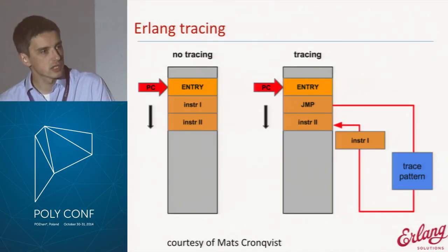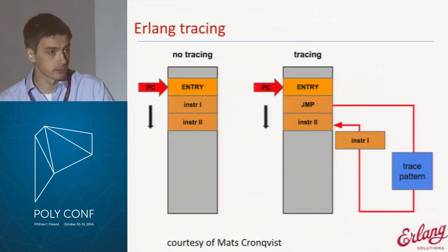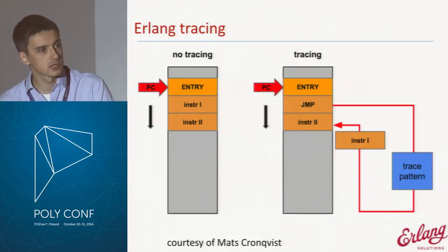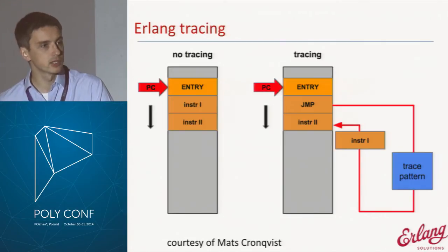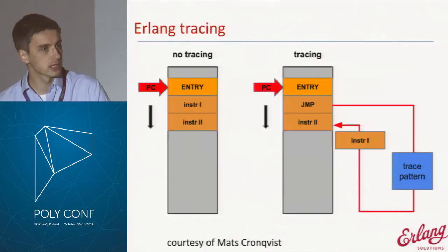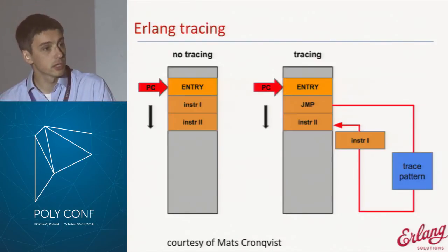So as long as tracing is not on, it's cheap. As soon as it is on, it can become expensive if your process is executing very many operations and you happen to be tracing every single function call. Of course, this can actually result in a flood of messages. So you need to be careful with this on a production system.